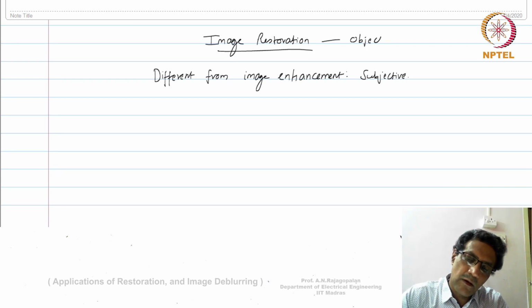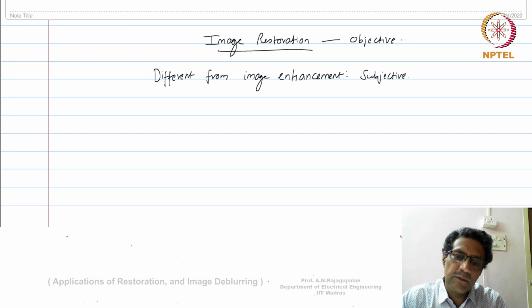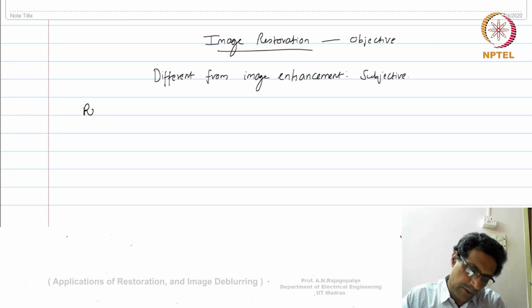When we say restore, what we really mean is we would like to see an image F, the latent or the ideal image. Latent, original, clean, it goes by various names.